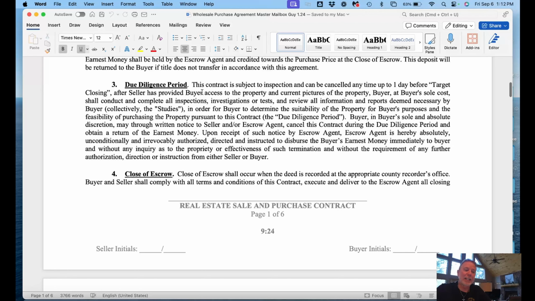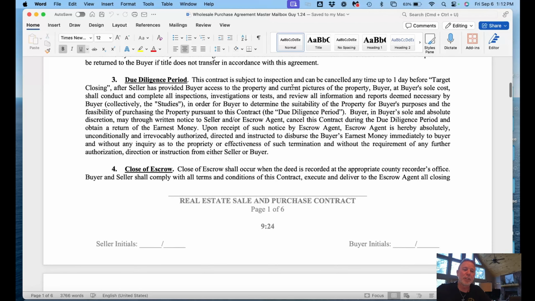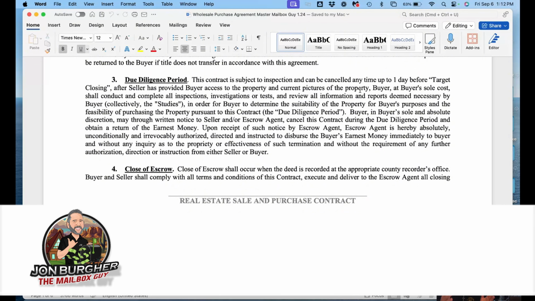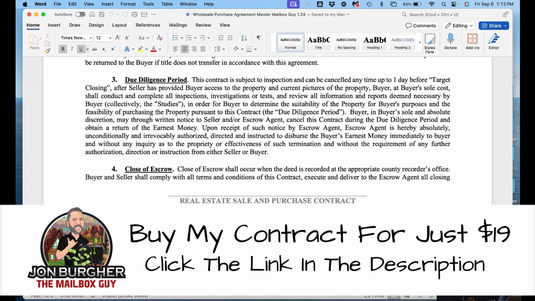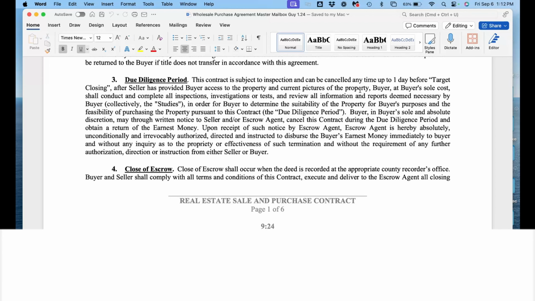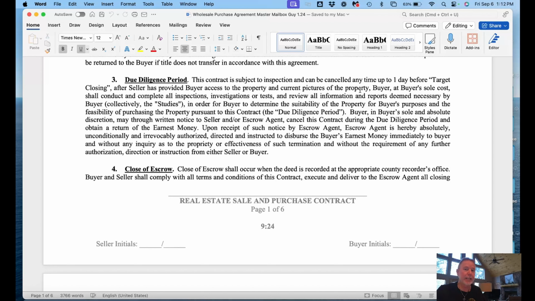This contract is subject to inspection and can be canceled anytime up to 1 day before target closing, after the seller has provided buyer access to the property and current pictures. Basically, if you have a 60 business day contract, your due diligence period lasts up to 59 business days.